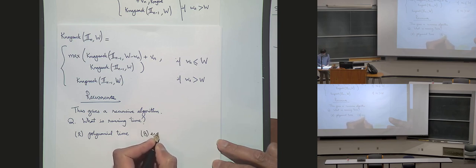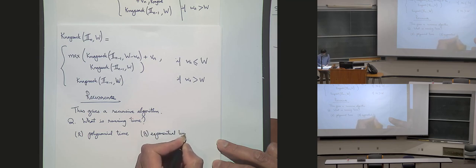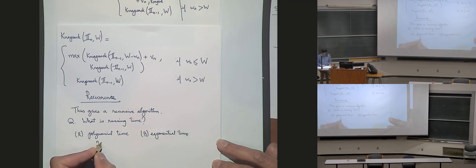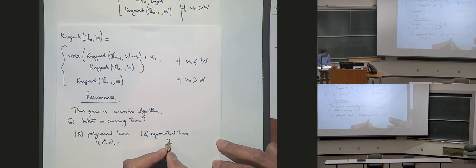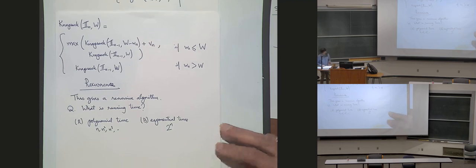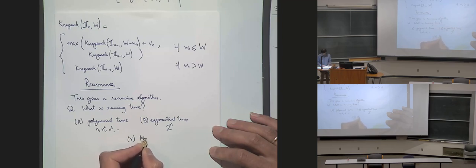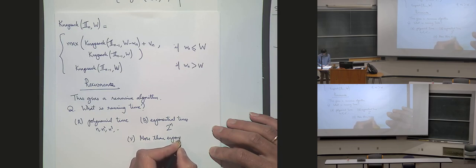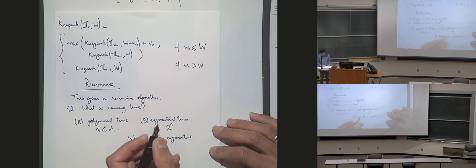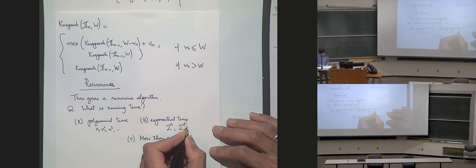Is it exponential time? Polynomial time is something like n, n squared, n cubed. Exponential, think something like 2 to the n. Or is it more than exponential? I'll say 2 to the n squared, whatever.